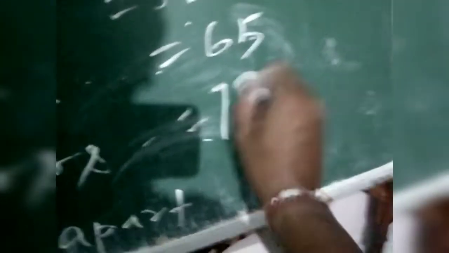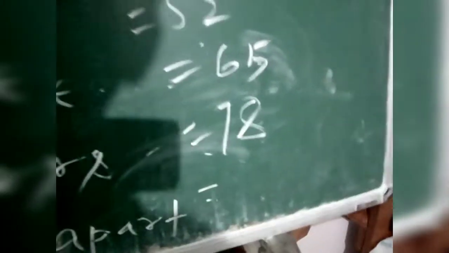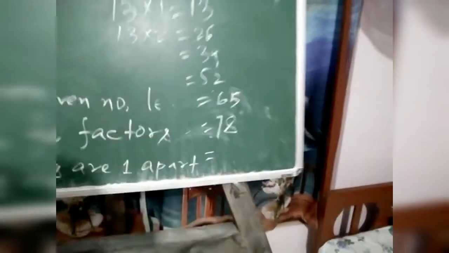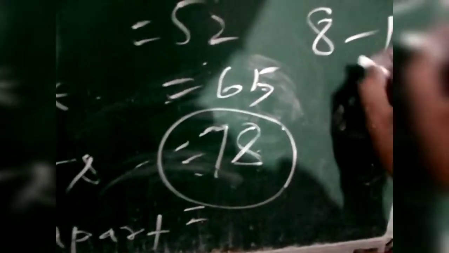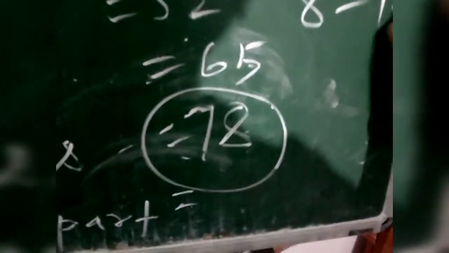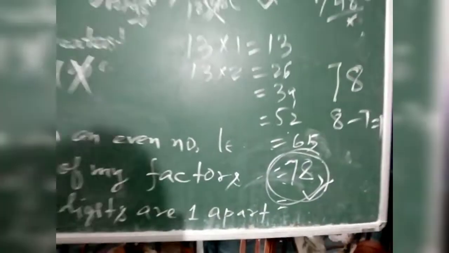Next is 78. So we got to see 78. According to the third option, my digits are 1 apart. In 78, 8 minus 7 equals 1, so the digits are 1 apart. So my answer would be this. Thank you.